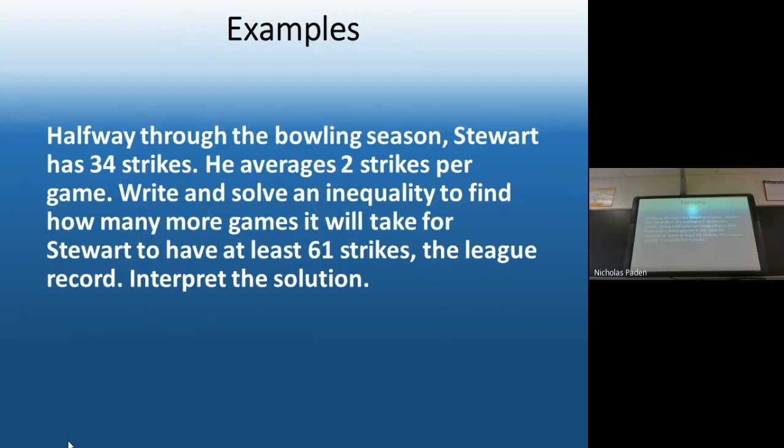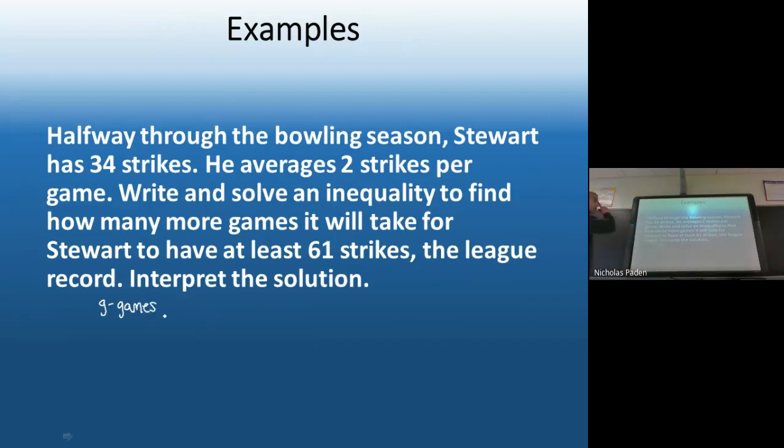Halfway through the bowling season, Stewart has 34 strikes. He averages 2 strikes per game. Write and solve an inequality to find how many more games it will take to get 61 strikes. Okay, so first thing, what are we trying to find? It says find how many more games. So that is G, represents games.